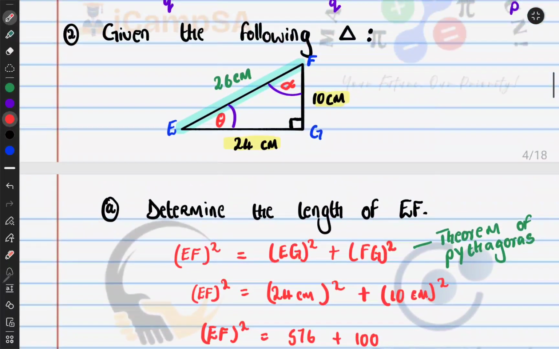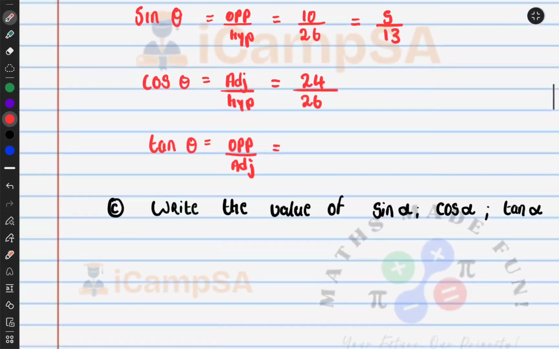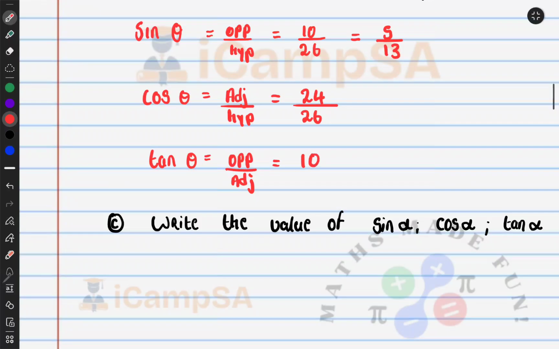The side facing theta is the side with 10 centimeters, over the adjacent side, which is 24 centimeters. So we're going to have 10 over 24. I think it's 5 over 12.